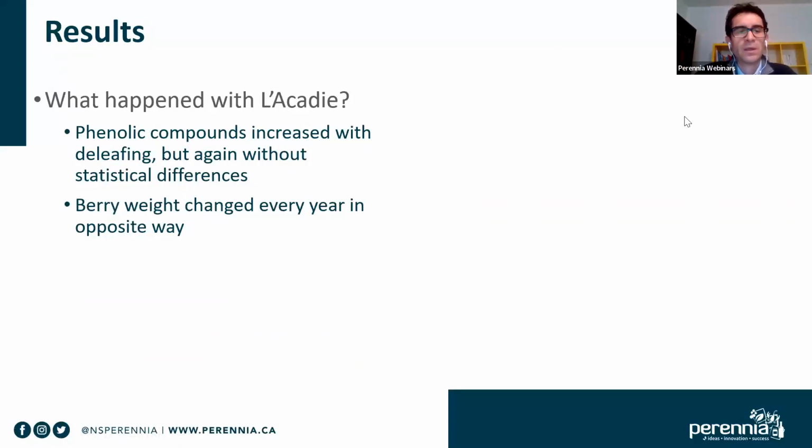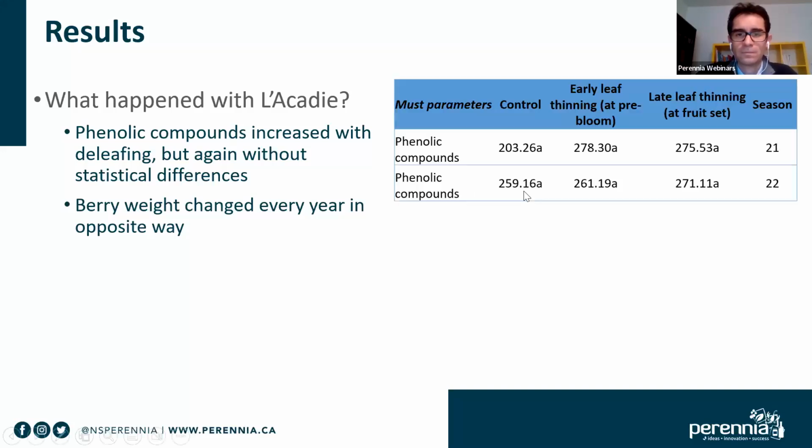Next slide, please. So what happened with L'Acadie? Well, the phenolic compounds increased with the leafing, but again, without statistical difference. You can see the phenolic compounds were slightly higher, especially in 2021 on both treatments, but without statistical differences.